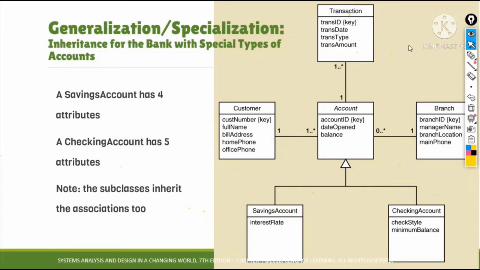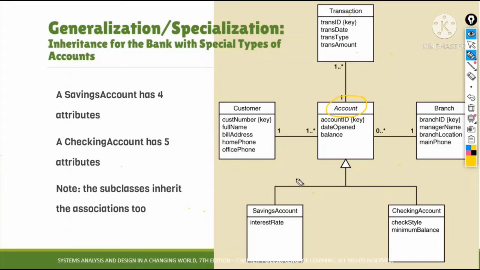This example here is an expanded version of the domain model class diagram for the bank that we've seen in the previous lesson, with subclasses for types of accounts. It shows that there are 2 types of accounts, a savings account and a checking account. The abstract class account is in italic, indicating that it is an abstract class.